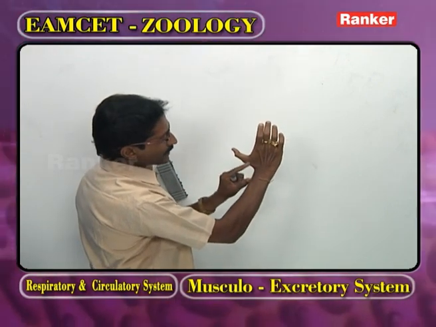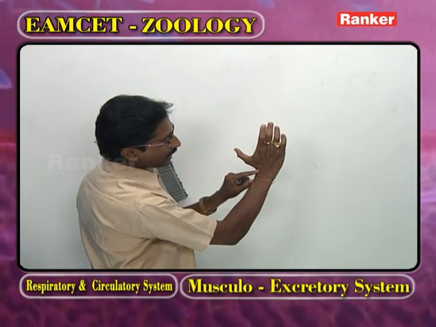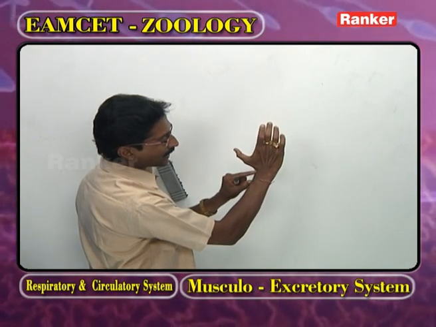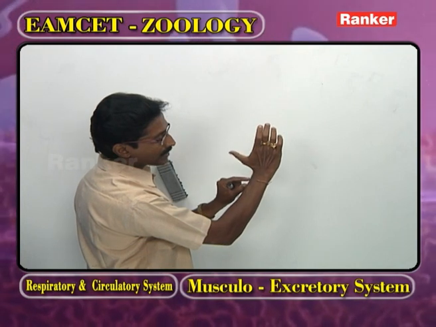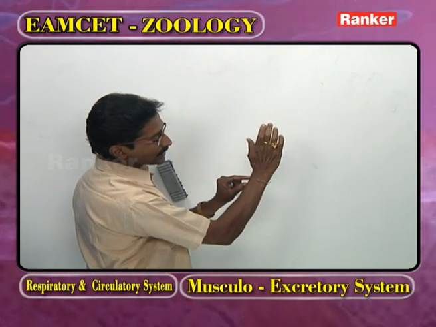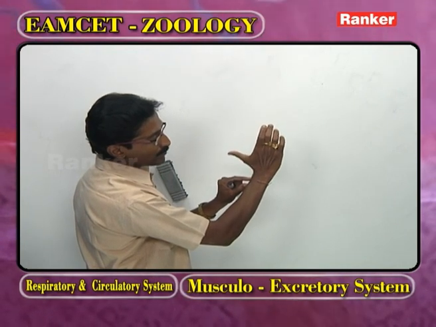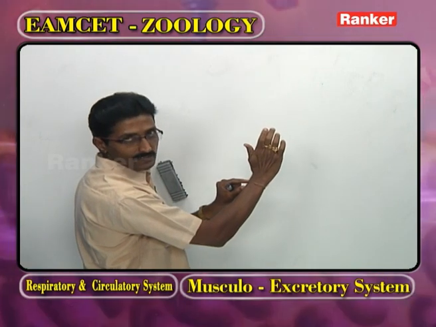Now as we observe the thumb, the joint between carpal and metacarpal of thumb we call the saddle joint. Because of this joint, the thumb enjoys free movement when compared to the other fingers.